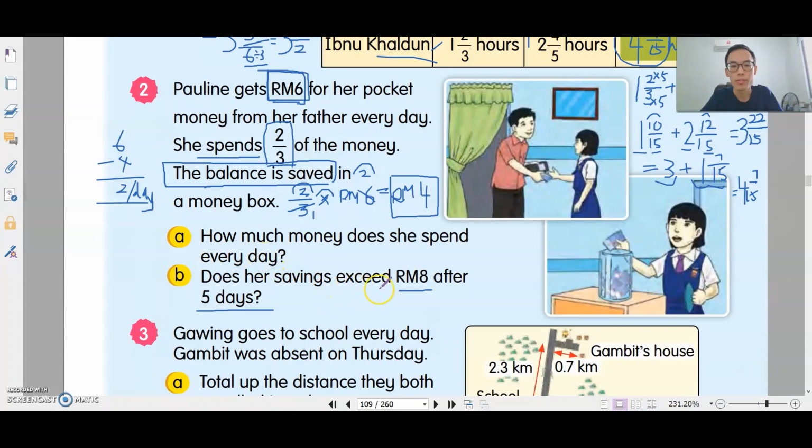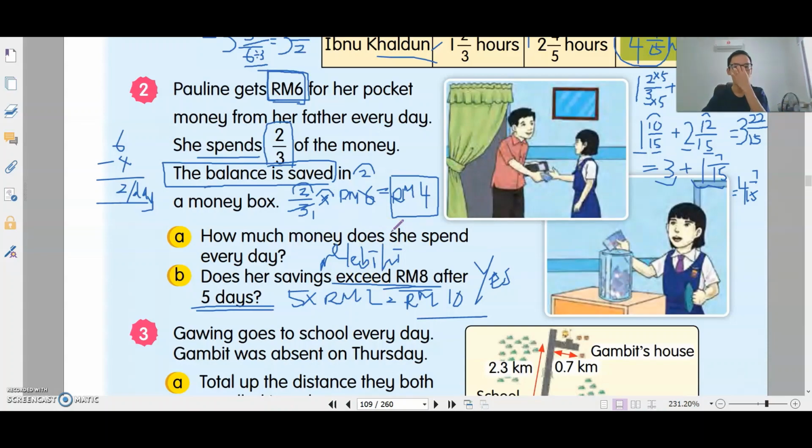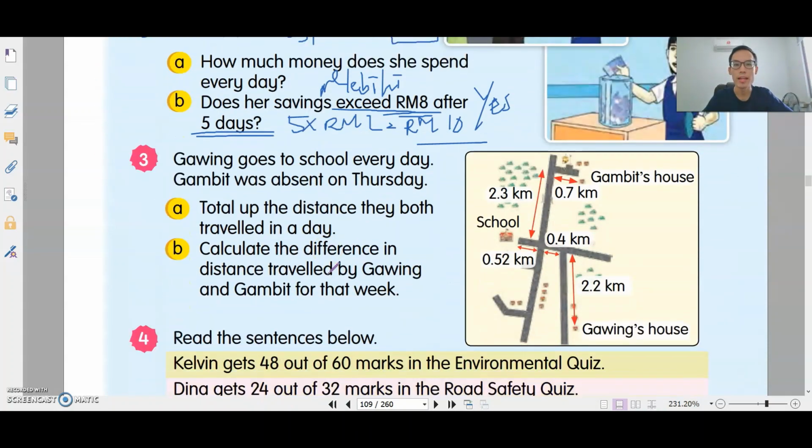If 1 day is 2 ringgit, 5 days is 10. So the answer is yes, her savings exceed 8 ringgit. Exceed means melebihi, more than. Exceed means more than 8 ringgit. So the answer is yes, because she saves 10 ringgit.